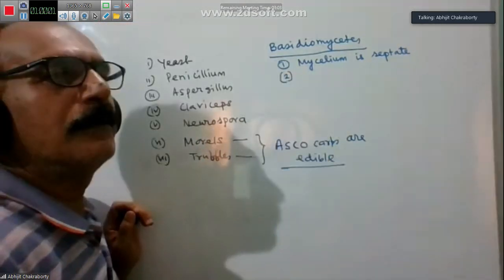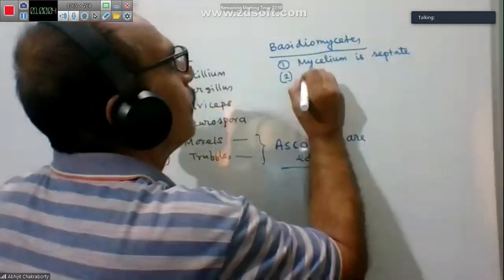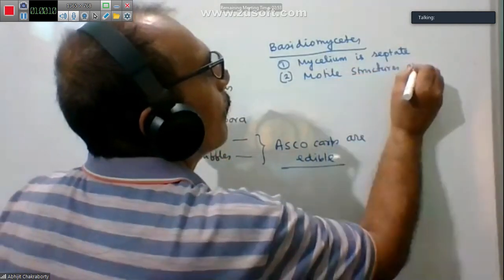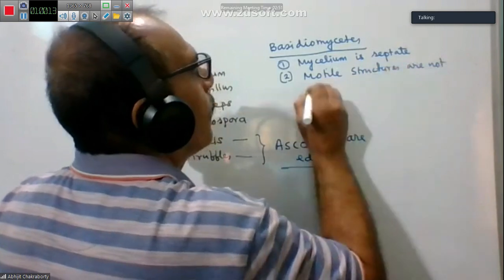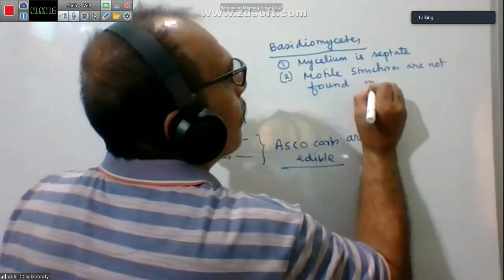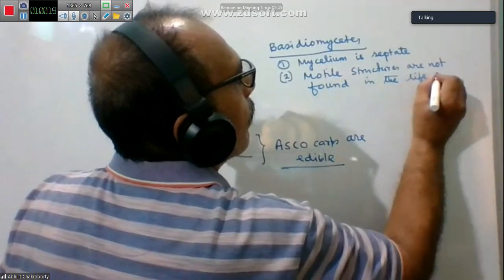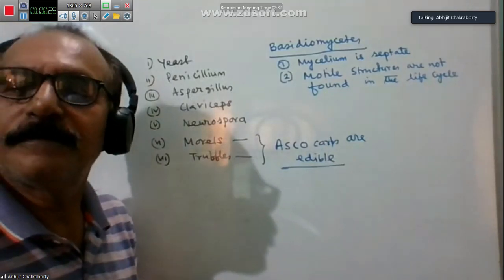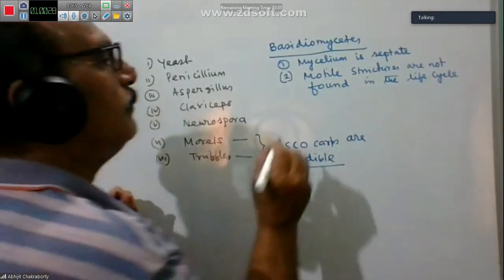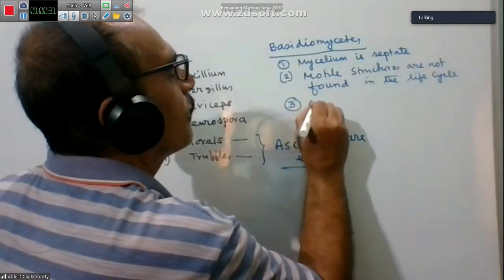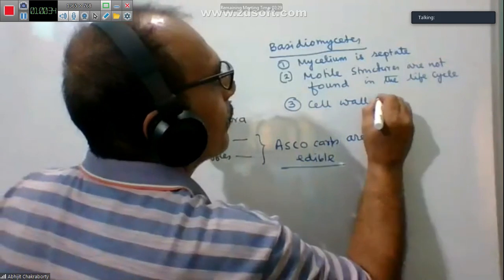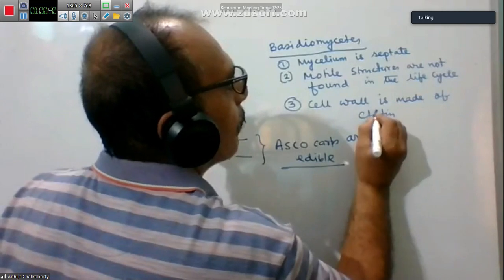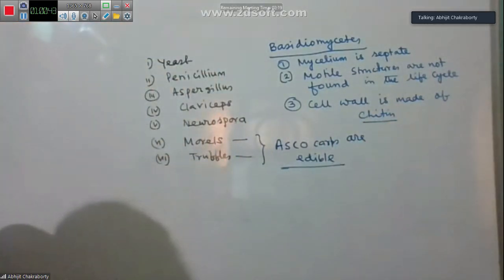Second one: conidial structures are not found in the life cycle. Cell wall is made of chitin.